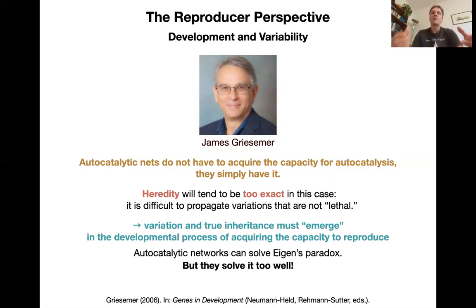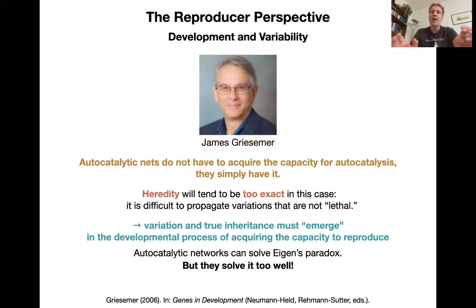So the job of development in evolution is to create the right range of variability you need for evolution to occur. That's just an additional reason, apart from the reason that you need development to actually produce the organization of the multiplying entity in the first place. You also need it to produce the type of variation that you need to evolve. Remember, this is a problem of the sources of variability, not the consequences.